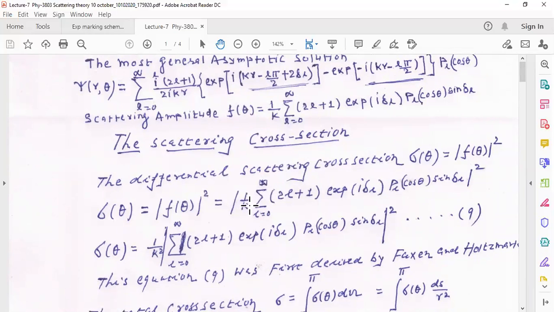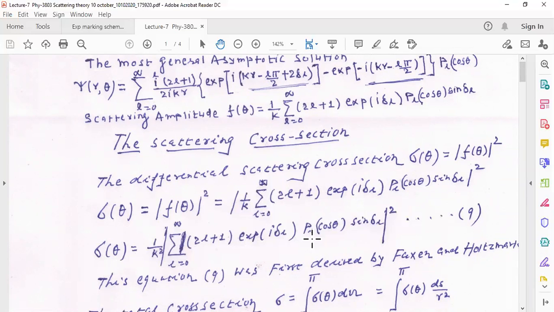Now this is a square of 1 upon k, so I take 1 upon k square outside. And the summation I can take outside. So you have the mod of the sum of 2L plus 1 exponential of i delta L P L cos theta sin delta L, squared. This is the expression for the differential scattering cross section.